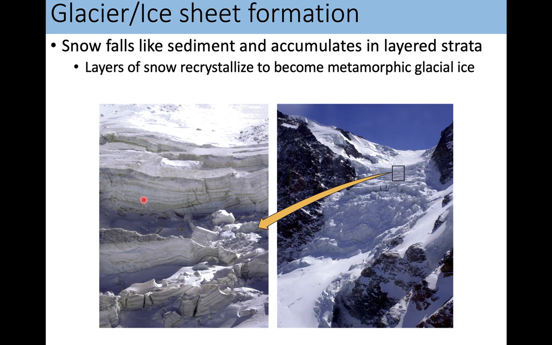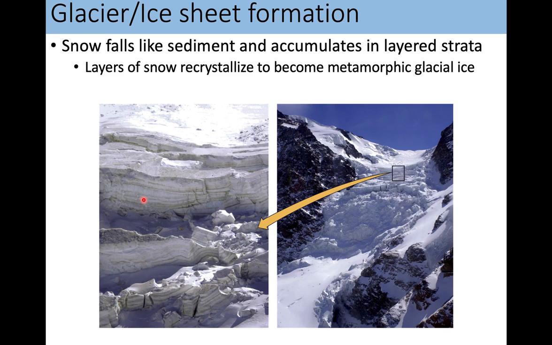So instead of layers of snowfall, after time and pressure and burial, so there's enough snow on top of it that it is under high pressure, it's actually going to become glacial ice. It's very similar to the metamorphic processes. It's sort of like sedimentary rock becoming metamorphosed into metamorphic rock.